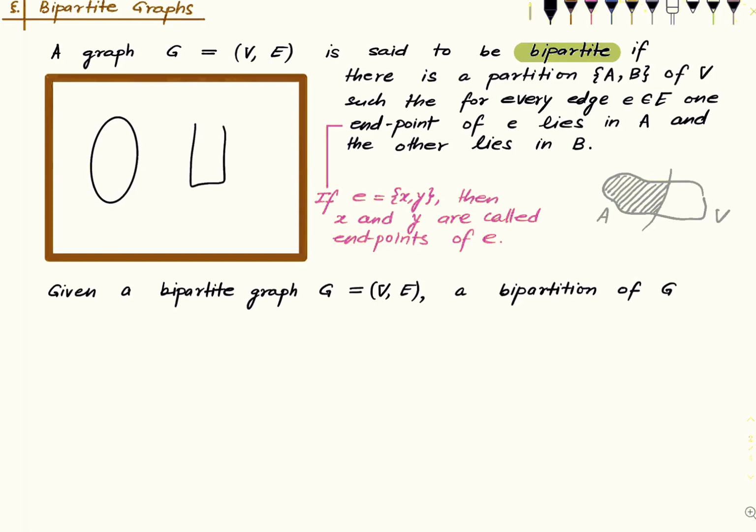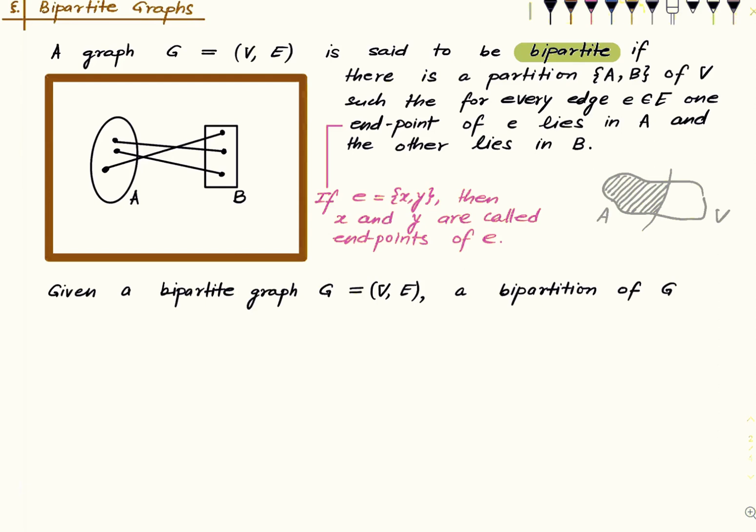It is going to look something like this. All the edges will be crisscross. These are all vertices. There will be no edge going across two vertices in A, and no edge going across two vertices in B. If you can find such A and B, then you declare the graph bipartite, and there is no clause of uniqueness here. There could be multiple such A and B. That is completely fine. If you can find one such partition, you declare the graph bipartite.